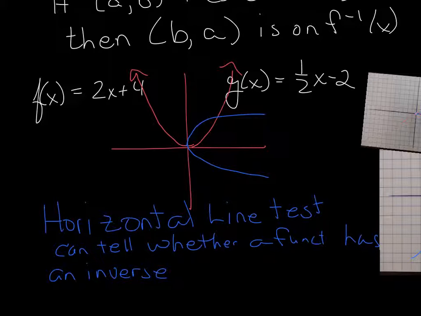In the case of the red function, f of x equals x squared, a horizontal line intersects more than once.